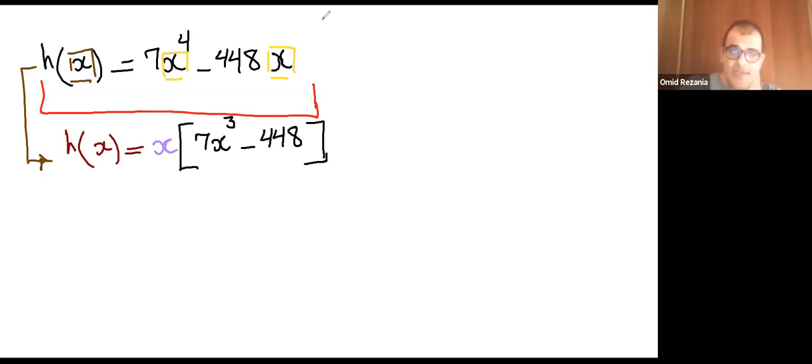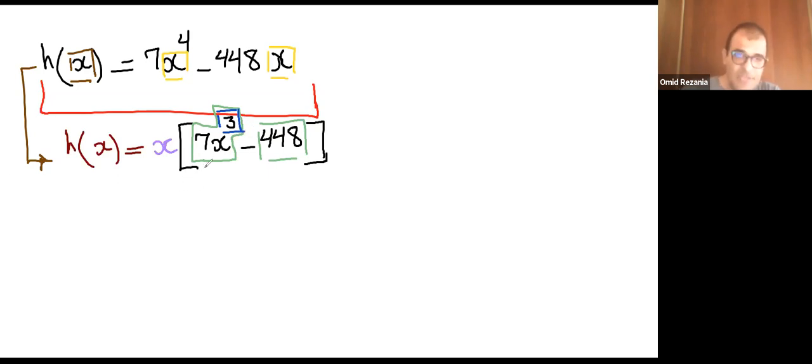The next thing: I see a kind of similarity between the previous example and this one. Again, I have two terms in this expression, and one of the terms has the power of 3. That makes me suspicious whether I can use the identities called the cubes family identity.